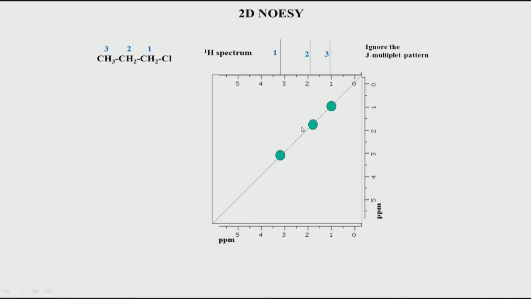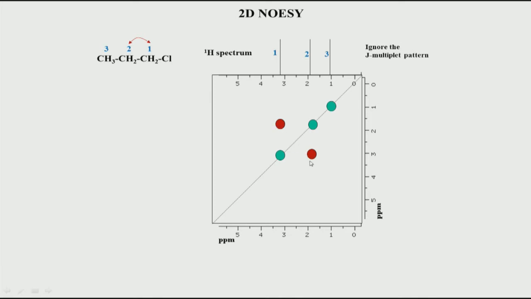Now let us see the cross peak. If hydrogen 1 and 2 are close in space, how much will this be? This is only about 3 bonds away, and remember one bond is typically around 1 Angstrom. So, the 3 bonds are together within 3 to 3.5 Angstroms, obviously less than 5. So, I would expect a cross peak between 1 and 2 in a NOESY spectrum.